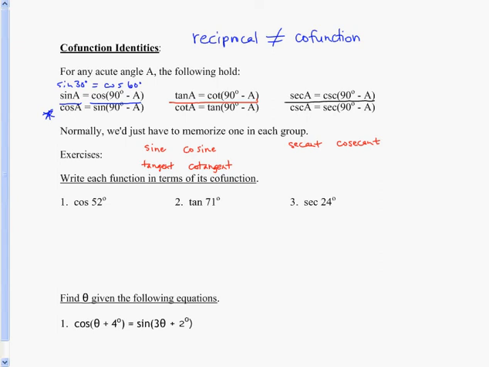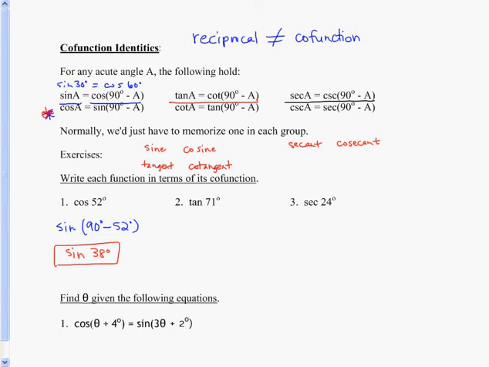Now we're going to put this idea of cofunction into play and calculate some of these actual values. If I wanted to write cosine of 52 degrees in terms of its cofunction, well, cosine's cofunction is sine, and I would take that 90 and subtract off the 52 to get my new correct angle. So this would be sine of 38 degrees. Notice my 52 and my 38 add up to 90, and the cofunction for cosine is sine. I'm just using this definition right here in red. Tangent.